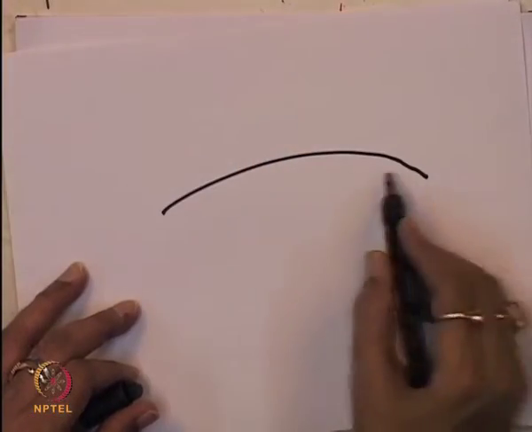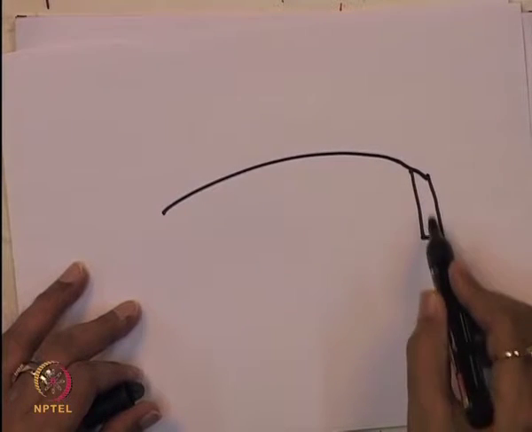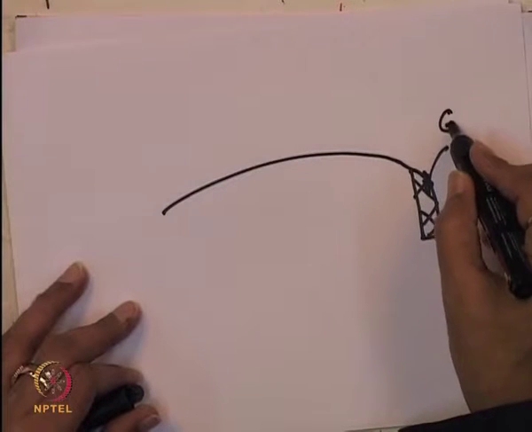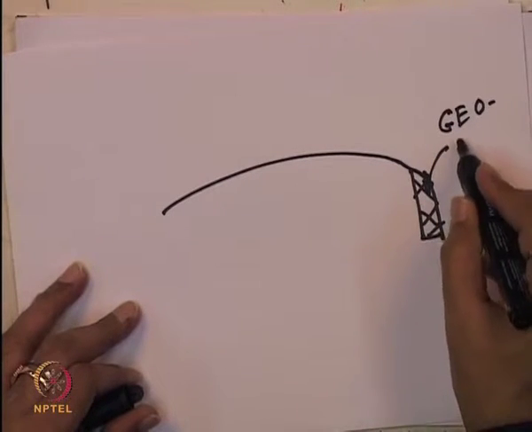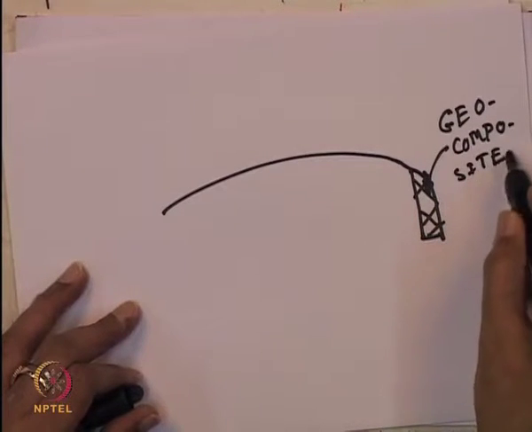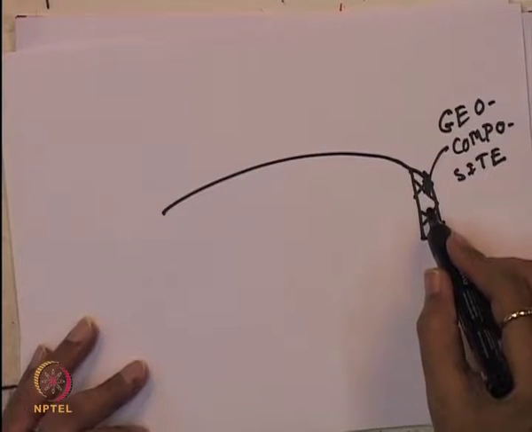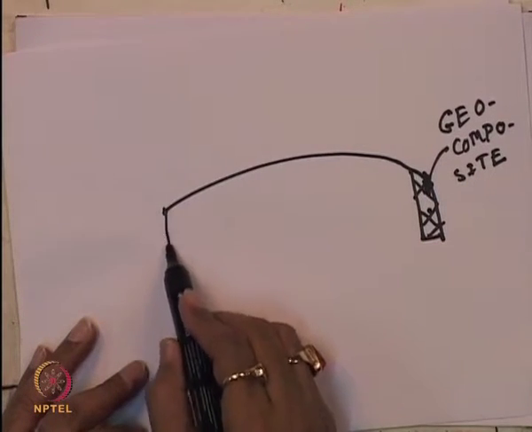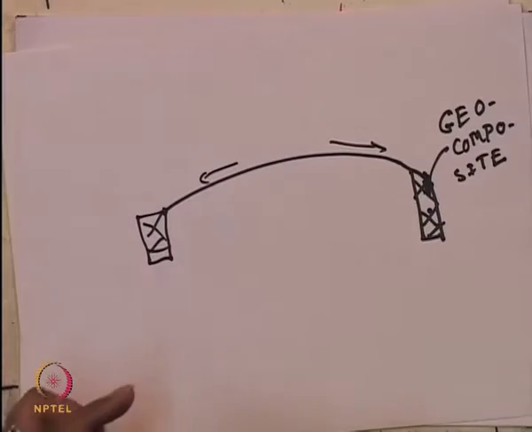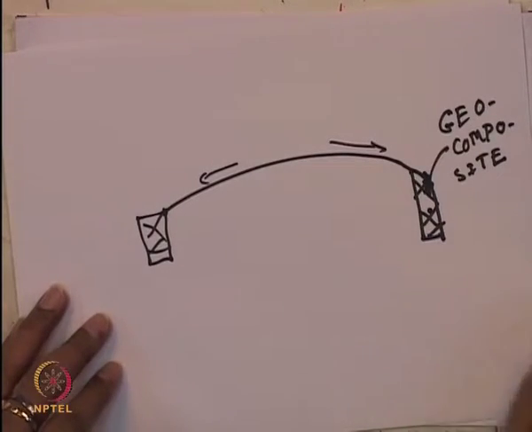So it is like this. If this is the highway, you can place this material here. This is geocomposite material, or sheet. So both sides you can provide with the geocomposite material. Water can also percolate into this kind of material.